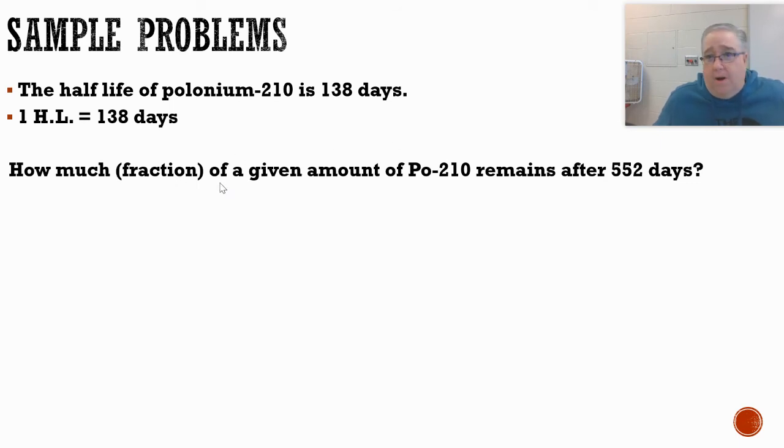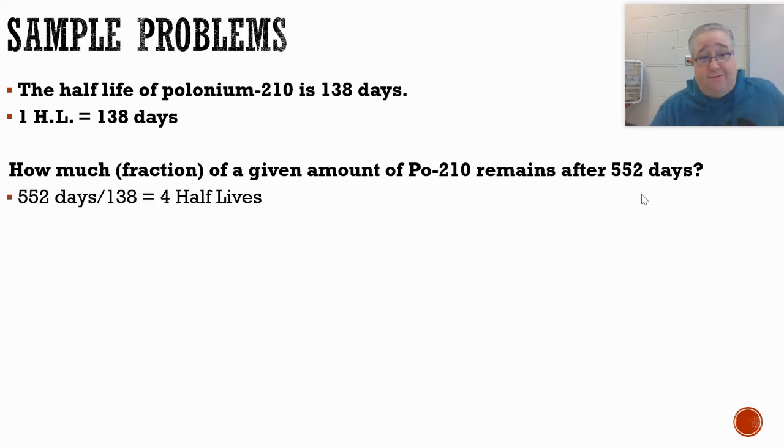What I want to know in this first question is how much, fractionally speaking, of a given amount of polonium-210 will remain after 552 days. So if this calculator is made of polonium-210 and I just let it sit here and come back in 552 days, how much of it is going to be left? That's what I'm asking you.